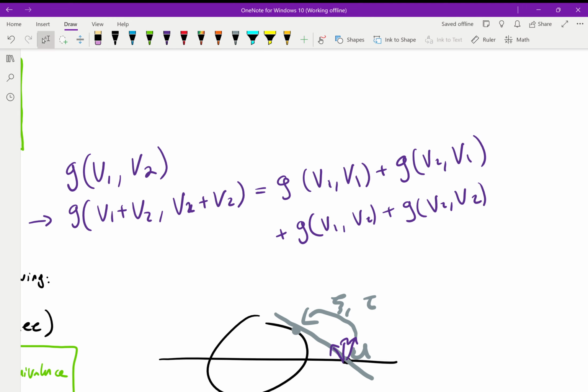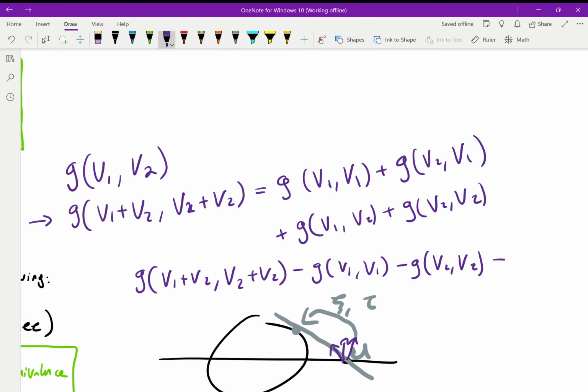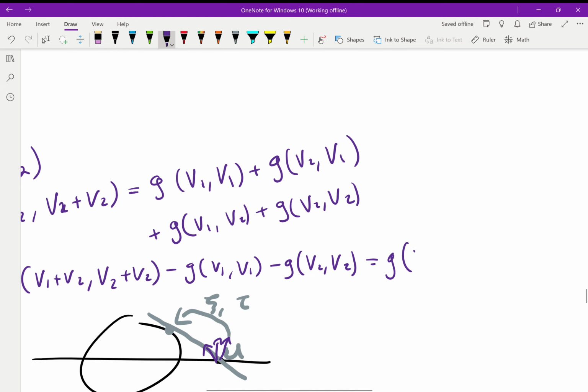Now, can you rearrange this to find G of V1, V2? Yeah, you can do that.